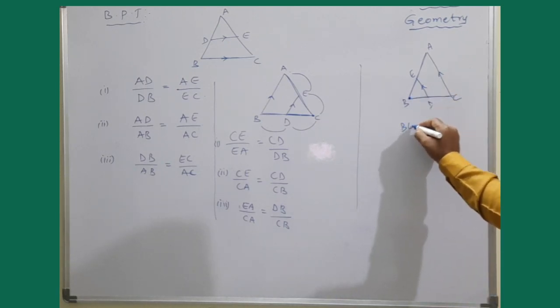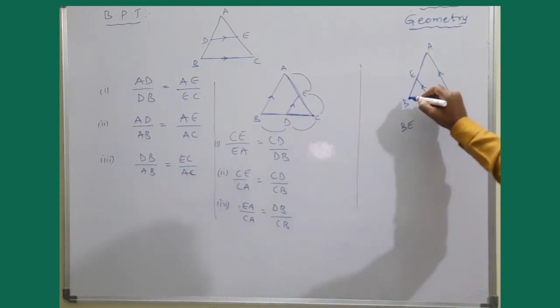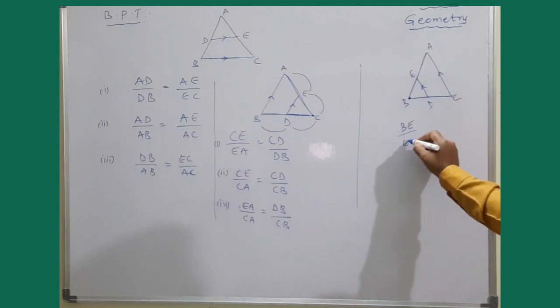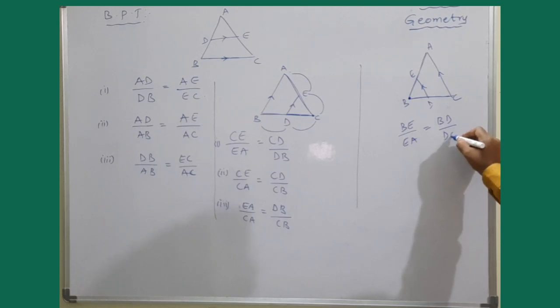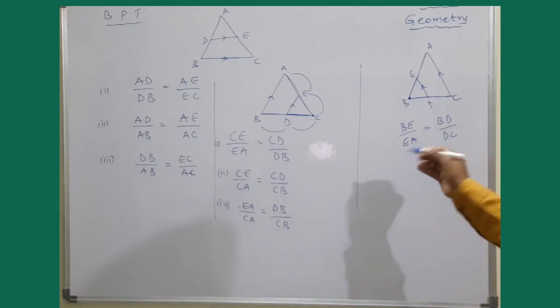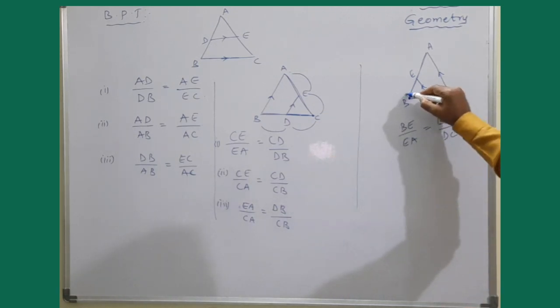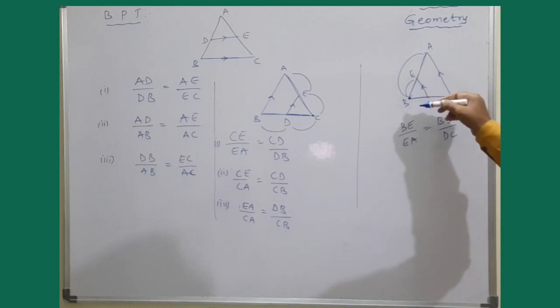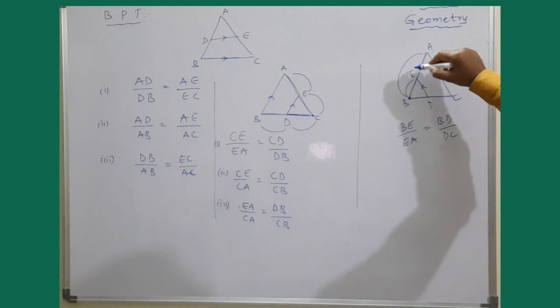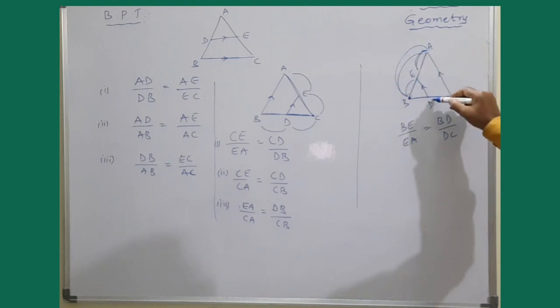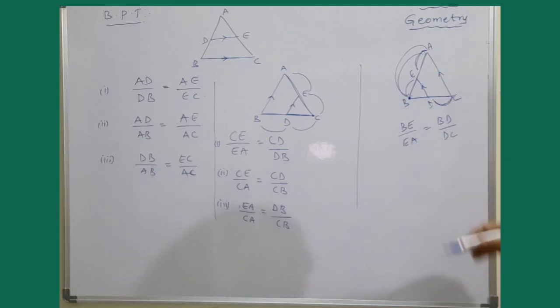So we can go ahead in the same way: BE by EA equals BD by DC. Or else the same thing, first part by total, even here also the corresponding sides you can consider, or second part EA by whole side AB, then that could be equal to DC by whole length BC.